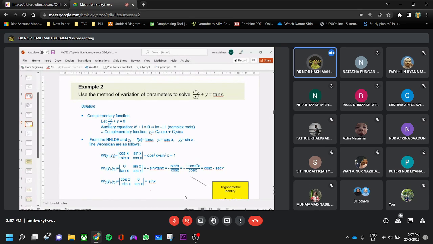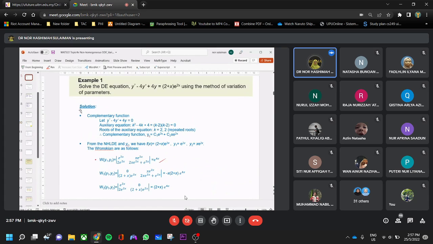Okay, nampak tak yang tadi in the first example ni, yang belah kanan ni adalah macam standard form of the function that we used to deal with, right? When we solve using the method of undetermined coefficients, yang ada 3 jenis tu, exponential, algebraic ataupun trigonometric function. Dan trigonometric function dia hanyalah sine dengan cos or a combination of sine and cos.